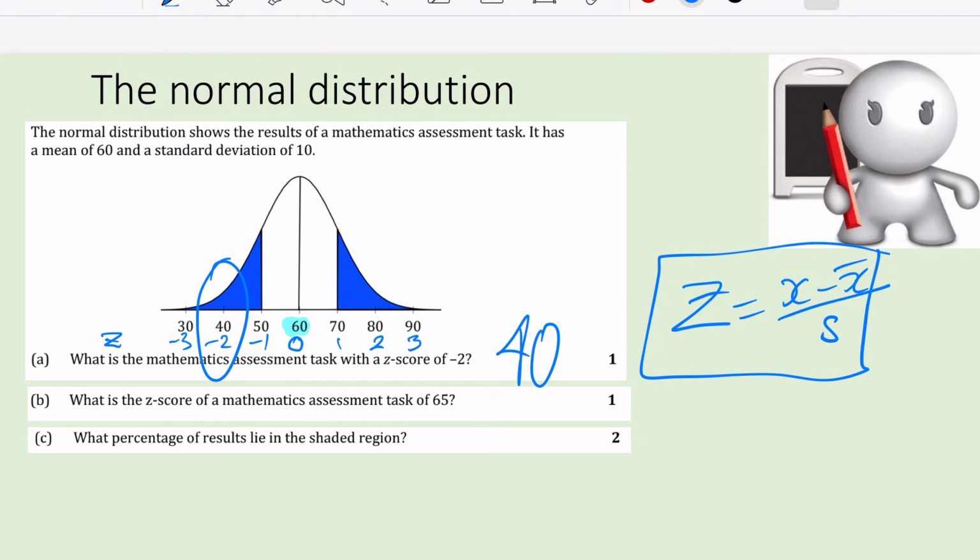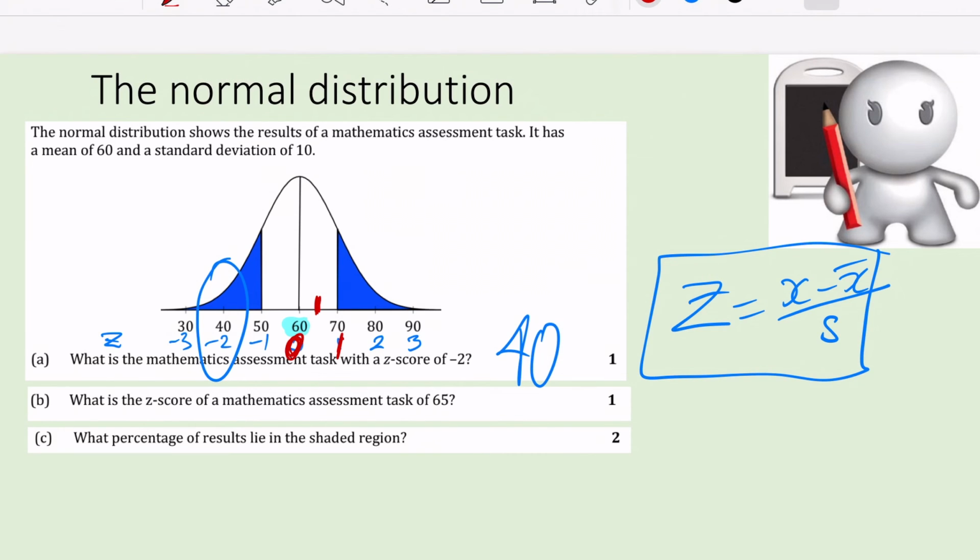Over here, what is the Z-score of a mathematics assessment task of 65? Well, 65 would lie right in the middle between 60 and 70, or right in the middle of your Z-score of 0 and 1. So obviously it's going to have a Z-score of 0.5.